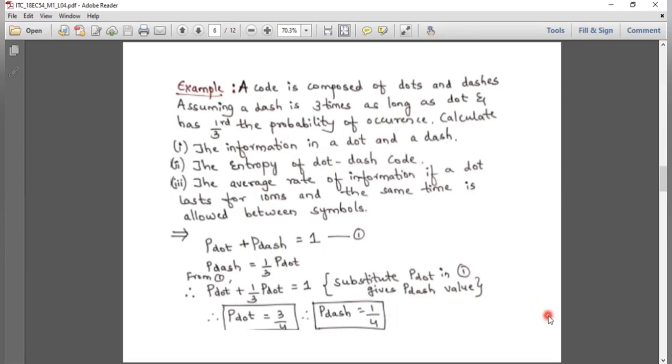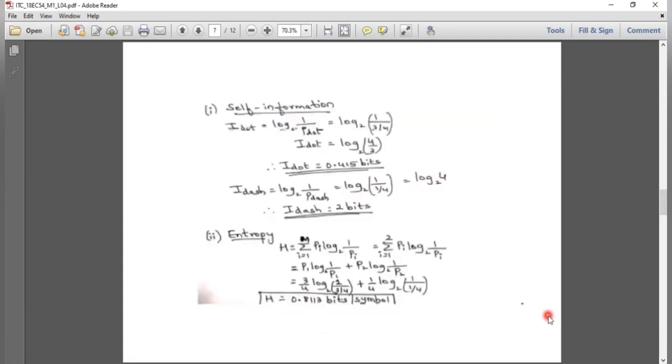So once we know the probability of dot and dash, we can compute what is the information conveyed by dot and dash, because information is inversely proportional to probability. So self information I by dot event is given by log of 1 by probability of dot to the base 2.